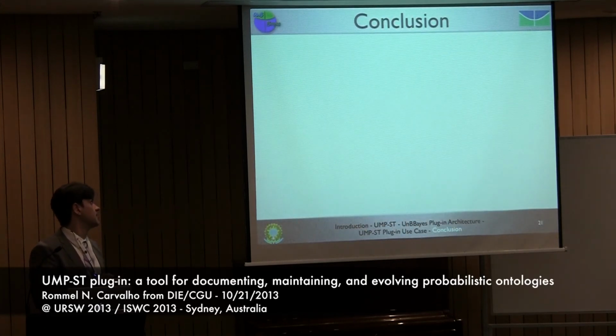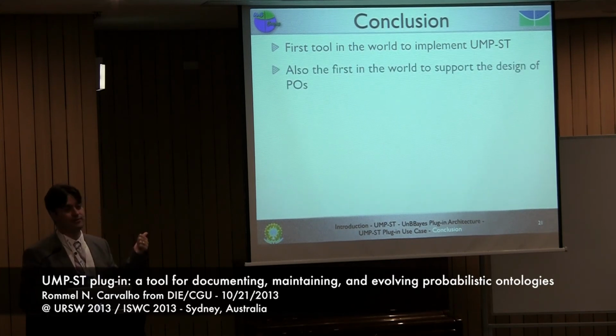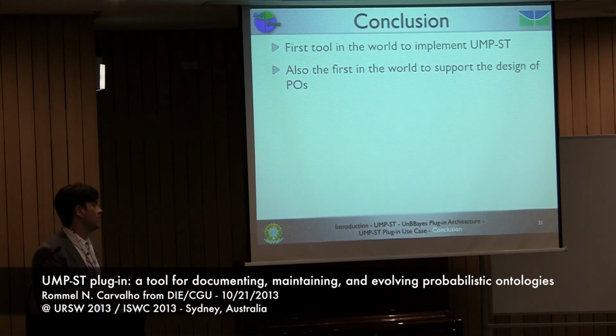So some conclusions is that it's the first implementation of this. I proposed it, so it's kind of natural that this happened. But it was actually the work of an undergrad student that did this implementation with the help of other people also.